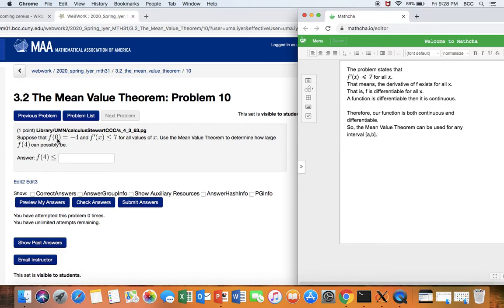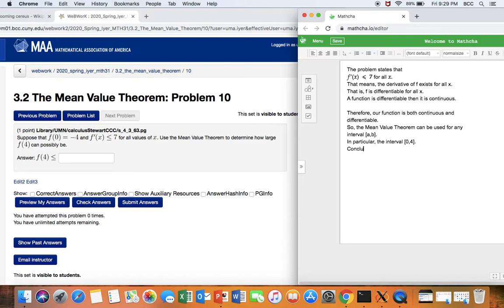We are starting with x equals 0 and ending with x equals 4. Don't get confused with these numbers. These are x values, whatever is inside f. So why don't I look at, in particular, the interval 0 to 4.